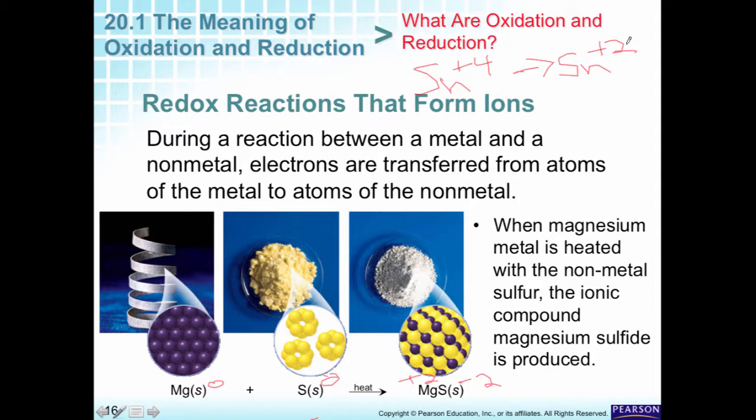Both. Yes, because it's gaining electrons. It's becoming more negative. So it basically gained electrons, because it gained 2 more. So even though both of those are plus, you're going in the direction of more negative.